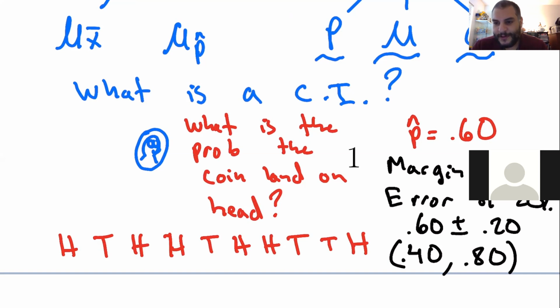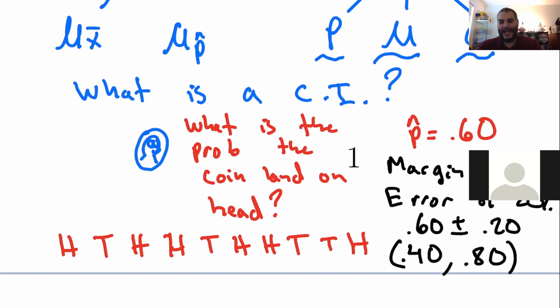Yeah, so in the chat there's a question: what is the difference between confidence interval and margin of error? Or is it the same thing with different names? Pretty much, the margin of error is part of the process of how you get the confidence interval.